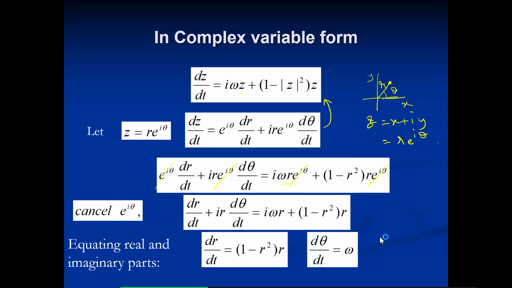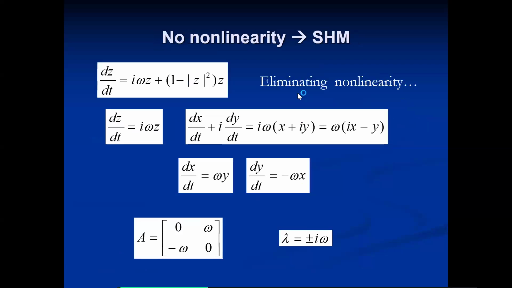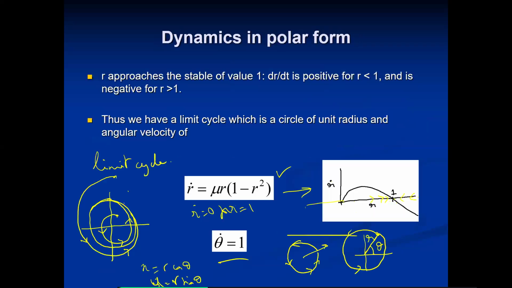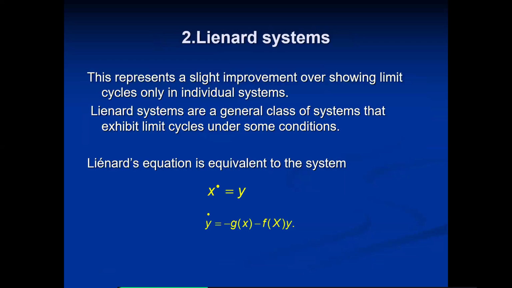So exact same thing. You can write this in complex number terms, and we do that because it's very convenient if you want to construct these networks. So that is a simple example of a limit cycle.